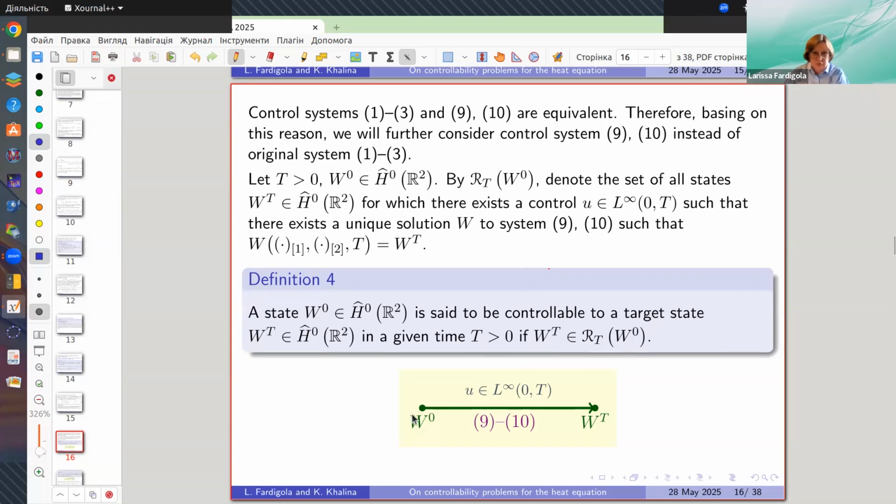So we want to drive w0 to wt with the help of the control u according to system 9, 10.